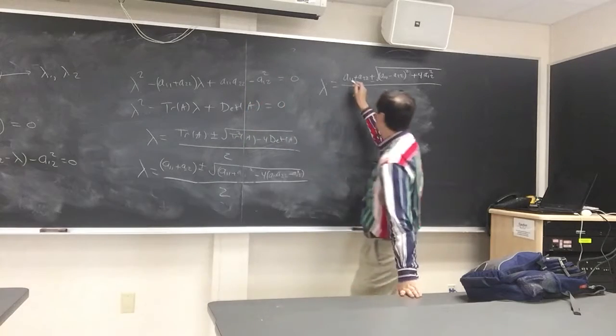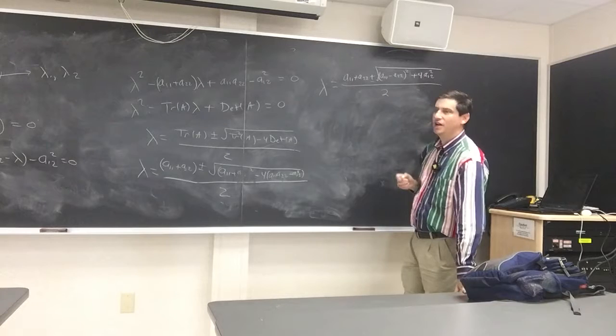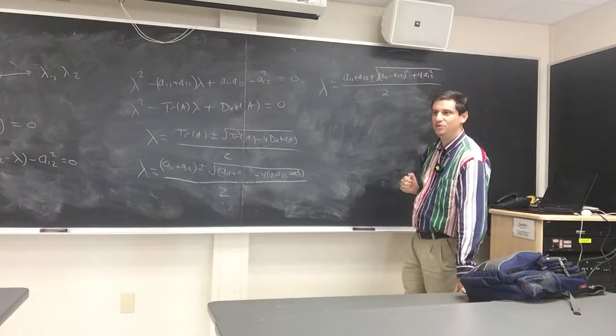If I specify A11 and A22, then I would have a range for A12 so that certain things would take place.